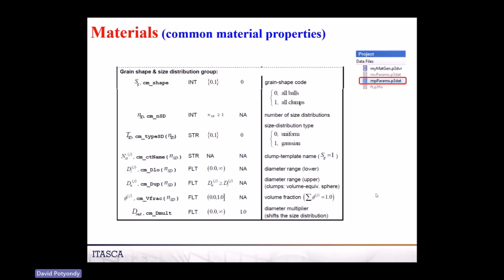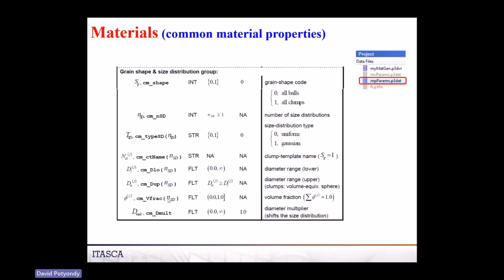Okay. And here are the parameters controlling whether it is all balls or all clumps, and how many size distributions. Depending on how many size distributions, each one is going to have a diameter range, upper and lower, and a diameter volume fraction. Okay.